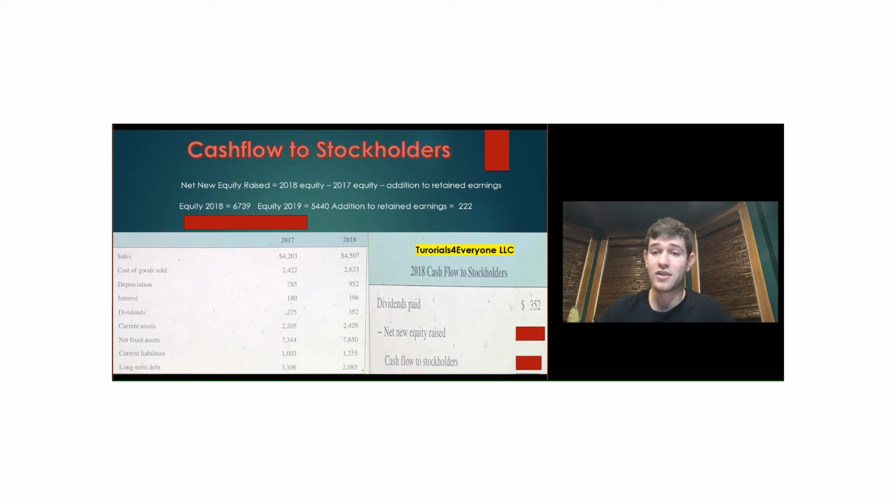So if you go back to the video, you can see the calculation for equities. But remember, assets is liabilities plus stockholders' equity. So you could just simply take your assets, subtract your liabilities, and you'll get that equity. So in our case, 2018 equity was 6,739, and the equity for 2017 was 5,440, not 2019, sorry. And when we subtract those two, we get 1,299.